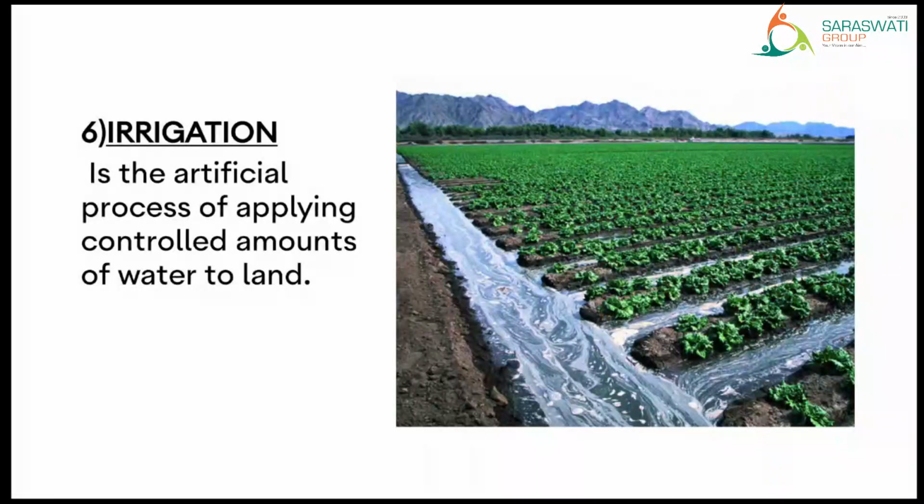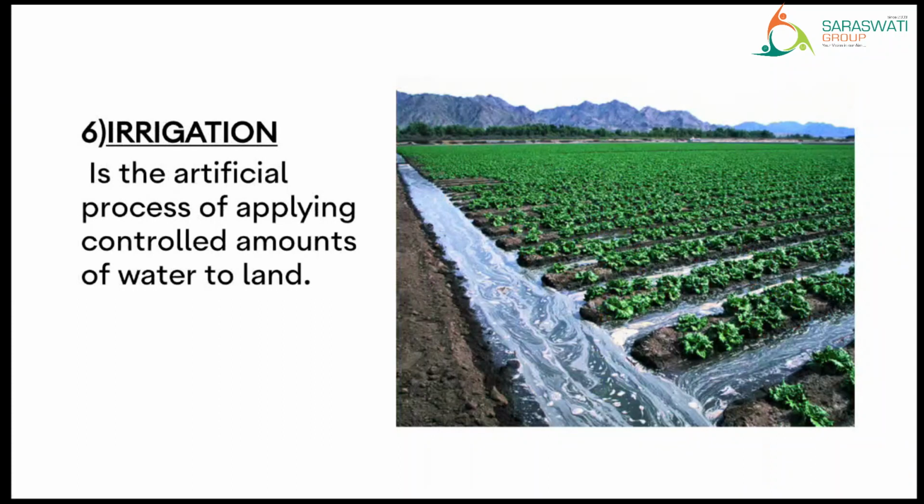Next, irrigation. Irrigation is the artificial process of applying controlled amounts of water to land.